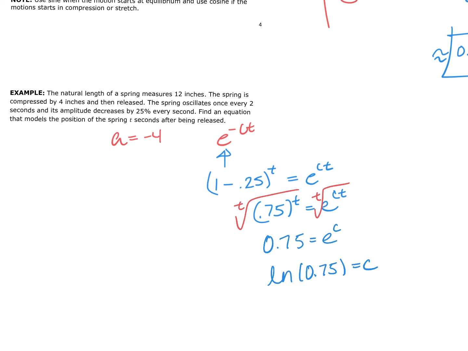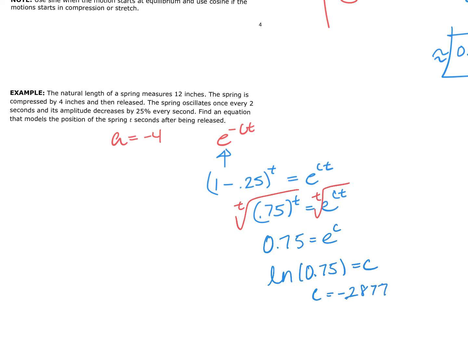I'm going to get my calculator out, and I've got c now. I take the natural log of 0.75, and we end up with c being negative 0.28768, so we'll go with 77.